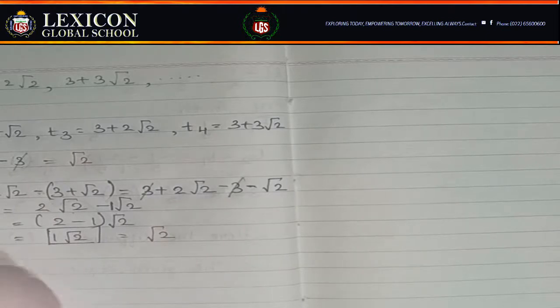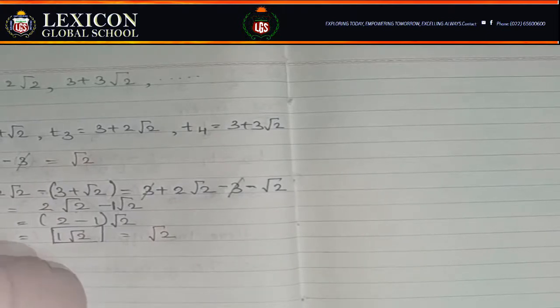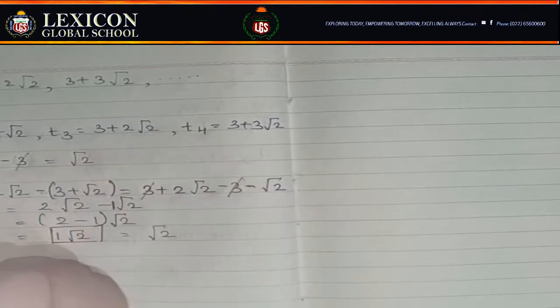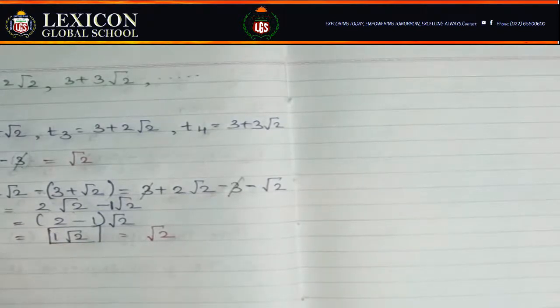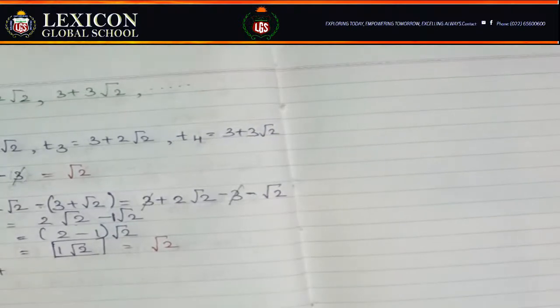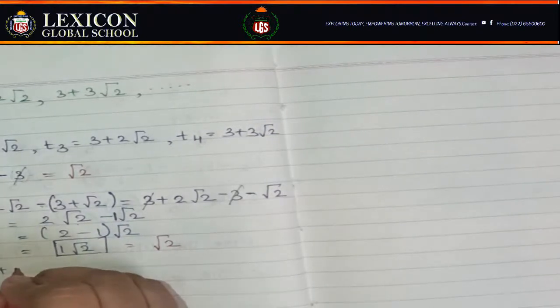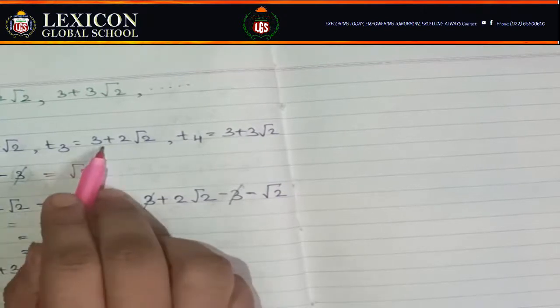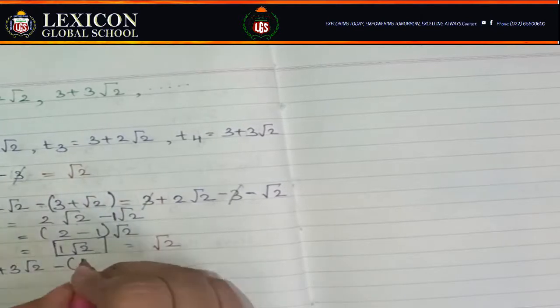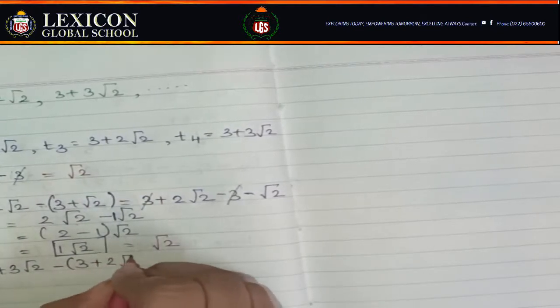Similarly, we are going to solve T4 minus T3. That means T4 is 3 plus 3 root 2, minus, since T3 is in an equation form, I'm going to put a bracket, 3 plus 2 root 2.